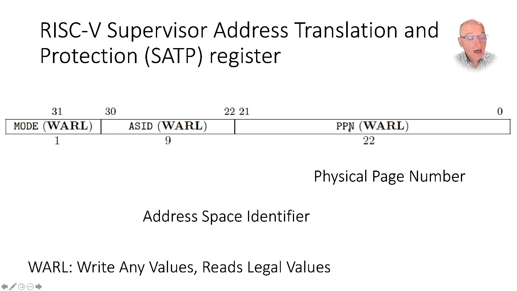We have seen a very important example of WARL from the beginning of the course when we set register 0. You can write anything to register 0, but when you read from register 0, the only legal value that you can read is the value 0. And those fields in here are the same.